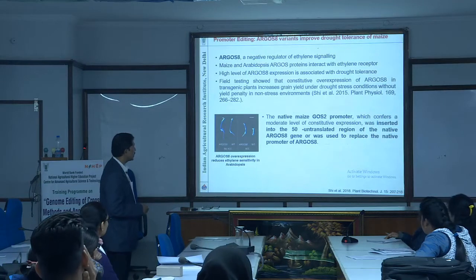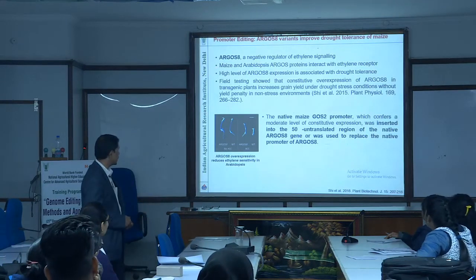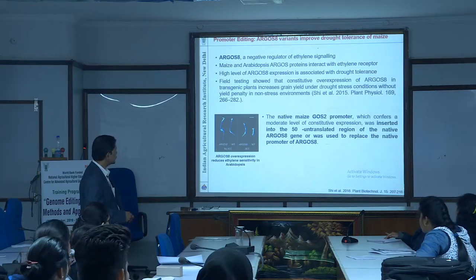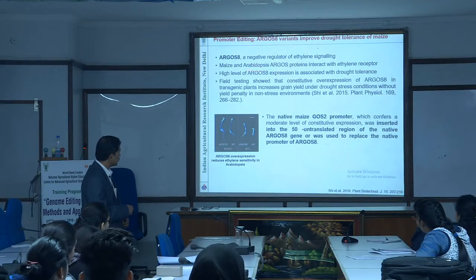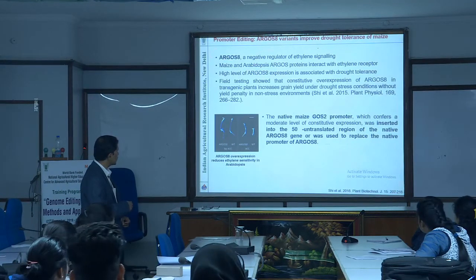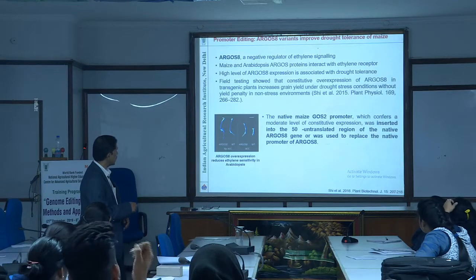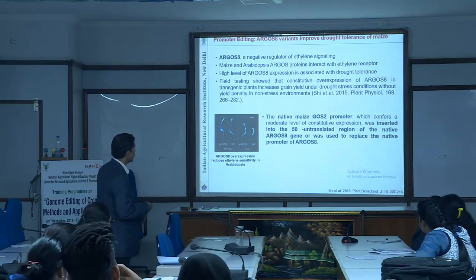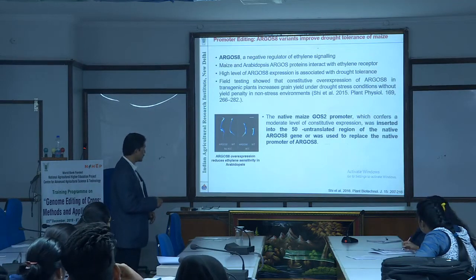The Argos 8 gene, initially they studied in Arabidopsis, the expression level is less, so that's why they wanted to enhance the expression of this Argos 8 gene constitutively, so that the high level of Argos 8 can regulate ethylene signaling, and it can inhibit the ethylene pathway so that it can produce better performance under stress conditions.